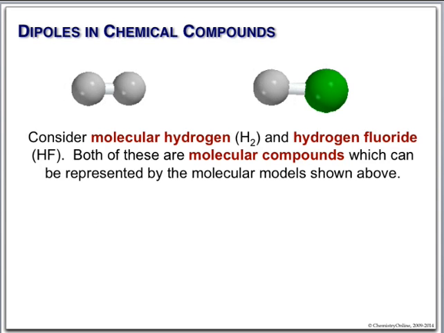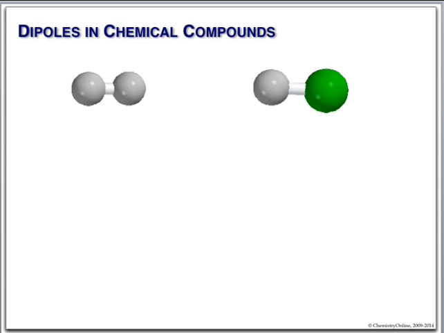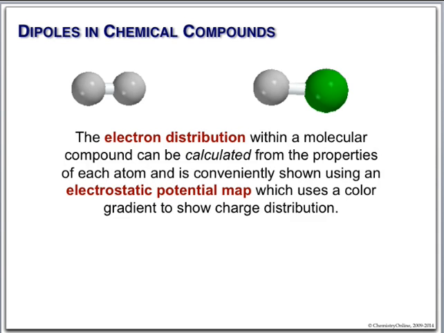This is hydrogen, H2. They're both the same. We can calculate where the electrons are around the molecule, okay? And we can show where they are using what's known as an electrostatic potential map.